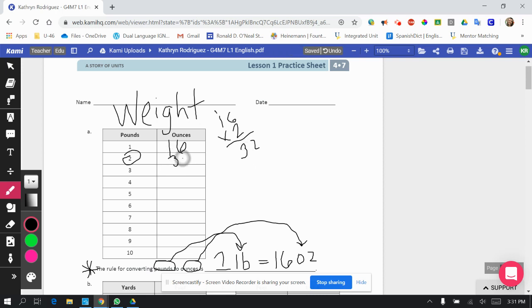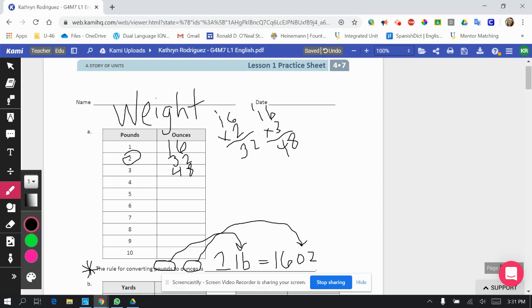So I have 32. Okay, for the next one, 16 times 3. 3 times 6 equals 18. 3 times 1 equals 3, plus 1 equals 4. Now this might feel like a review, things we've studied before in the school year. We are using our multiplication to help us with these measurement conversions, okay?